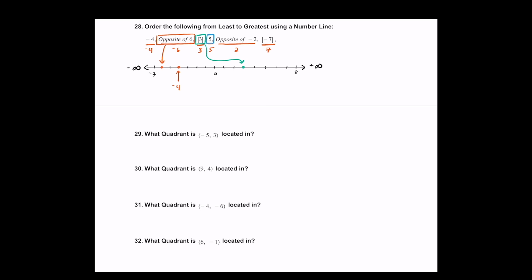That's kind of boring. 1, 2, 3, 4, 5. I can write that one. Not being very consistent. The opposite of negative 2, I think we said was 2, right? So that's right here. That I don't really want to write, so I'm going to put that here. That's the opposite of negative 2. And then finally, I'm running out of colors here. The absolute value of negative 7, we said was 7. So that's over here. Okay, so these are these values from least to greatest on a number line.